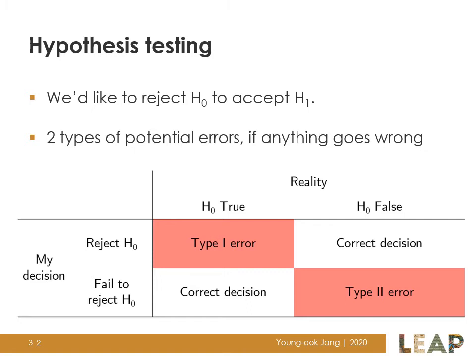Okay, so which one is more serious? Which one is more serious error? It depends on the value judgment that you have, but we usually think that type 1 error is more serious.